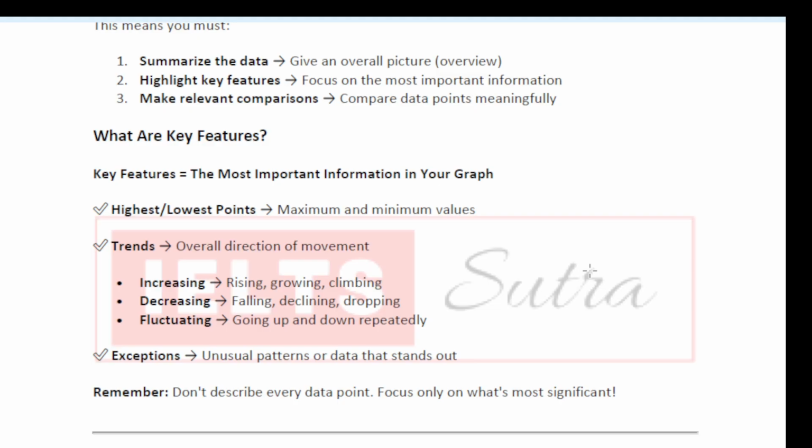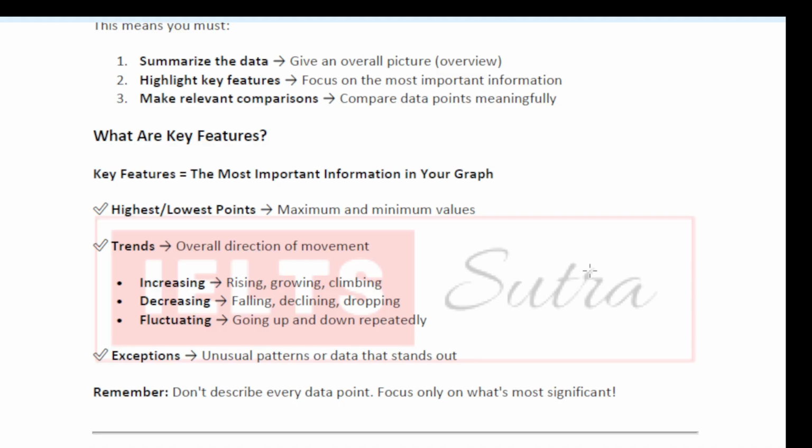Third, after the highest and lowest points and the trends, the third element that can be considered a key feature is the exceptions. For example, if there is any unusual pattern in the data, in case of a line graph, if the values for all the categories are increasing, but there is only one category for which the value is decreasing, that one specific category is an exception.